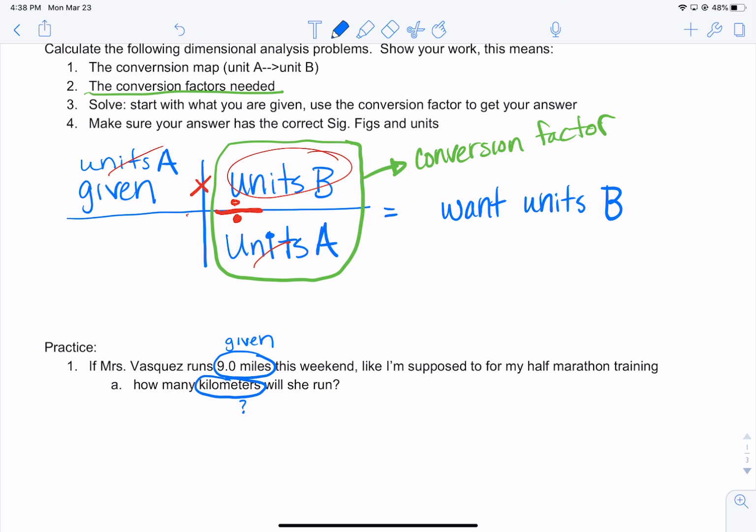So a conversion map means that I'm going from miles to kilometers. So I need to figure out, and you can look up on the internet what the conversion factor is for that, but I'll just tell you, for every 1 mile, there are exactly 1.609 kilometers. Okay, so let's set this up.